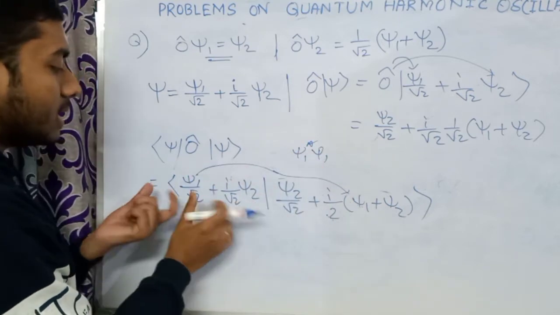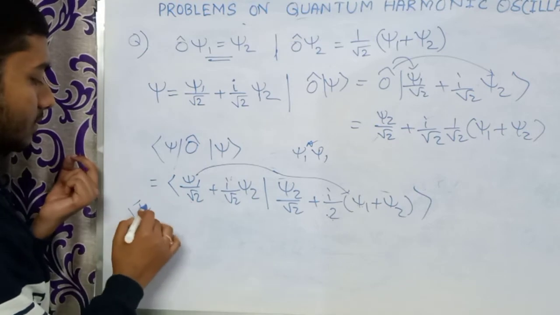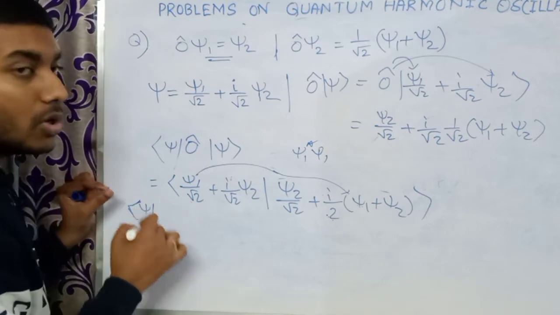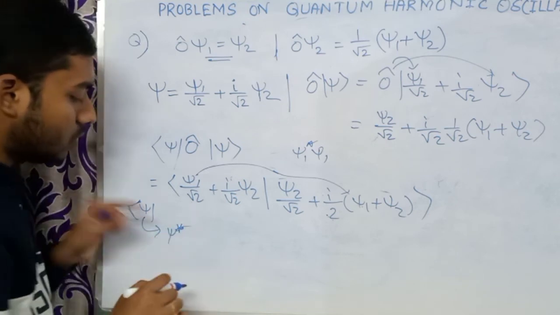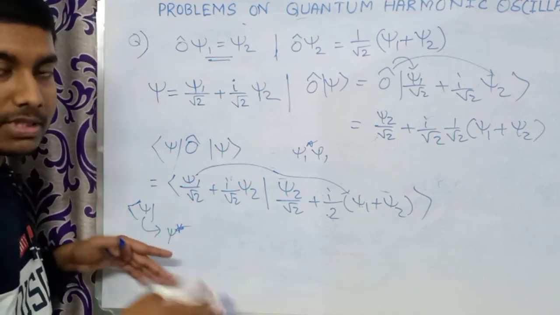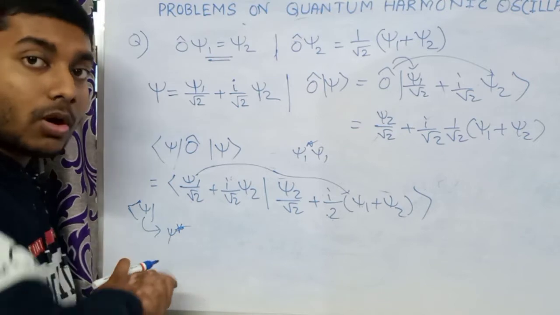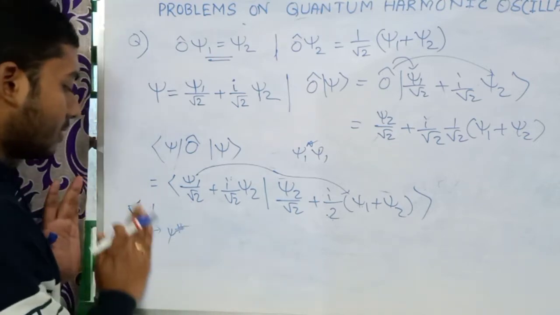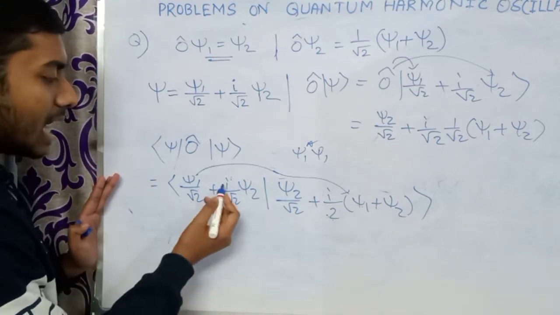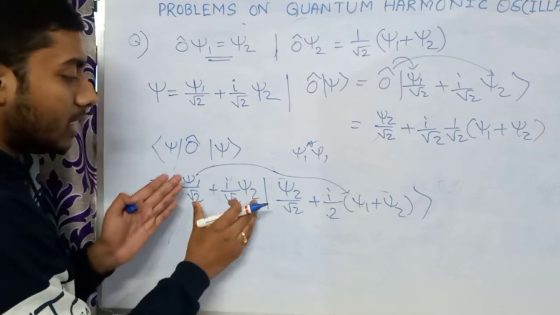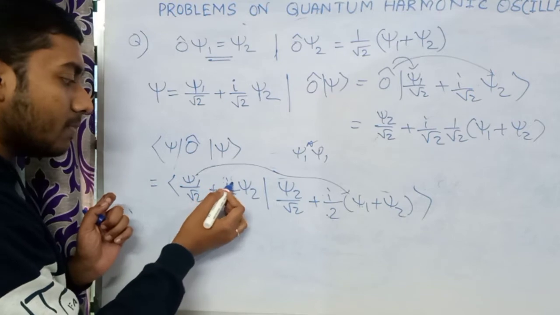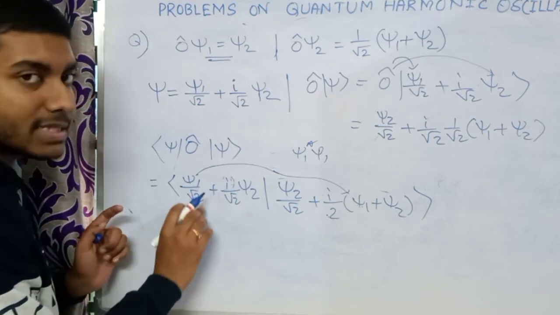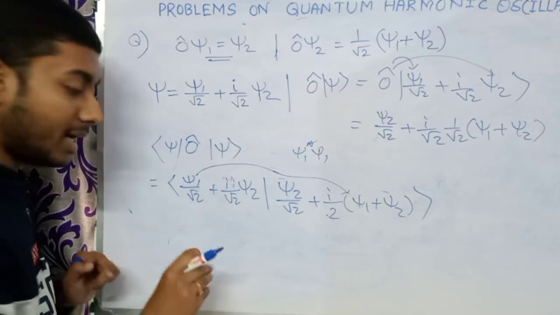That means for this part we have to do psi star, that means make its complex conjugate. So here, as this is i, the complex conjugate of this part will be just the same, but i will be replaced with minus i, that means this sign will then be minus.